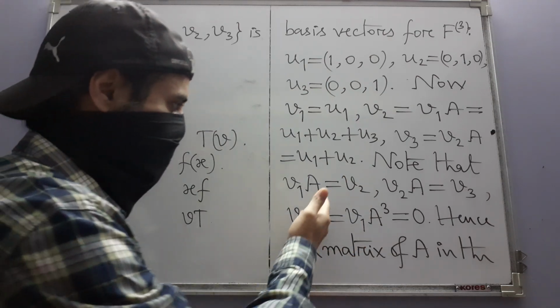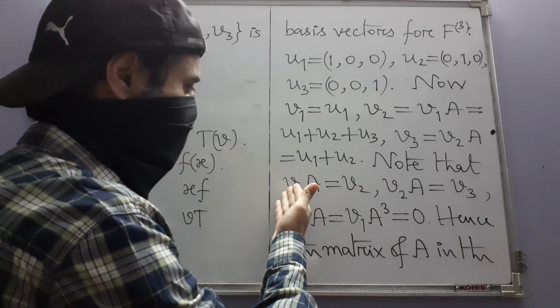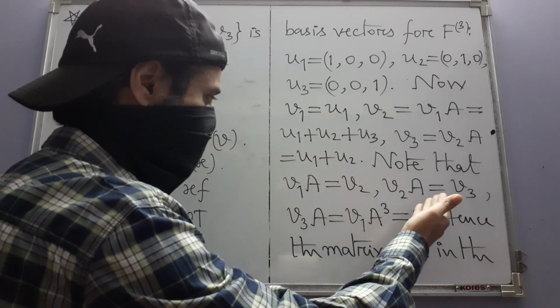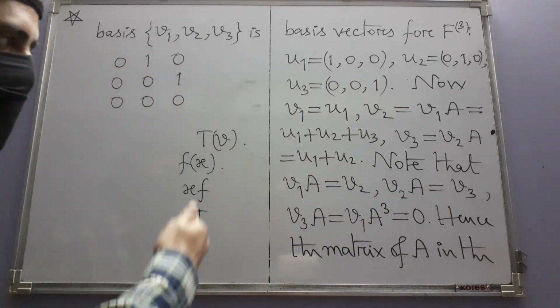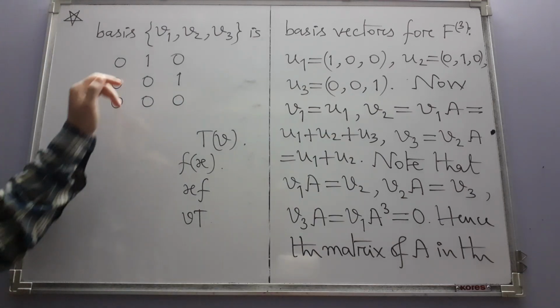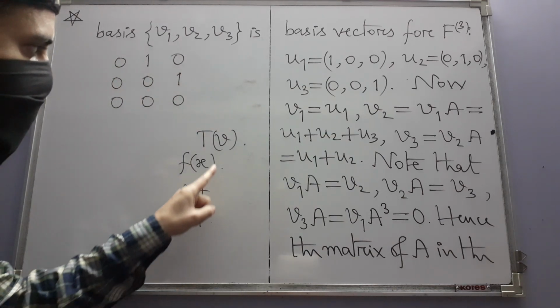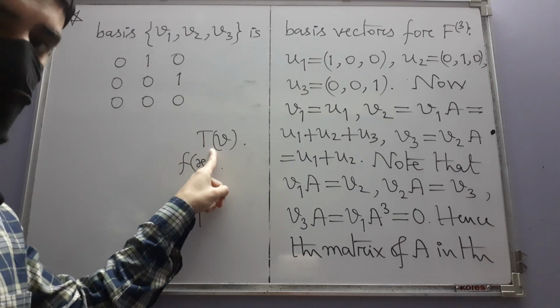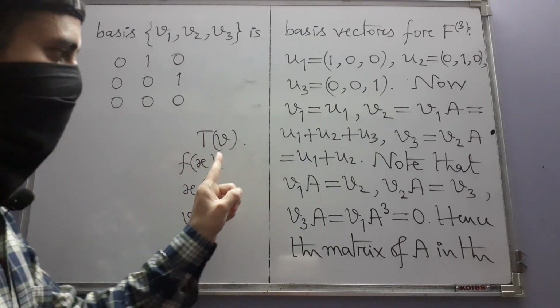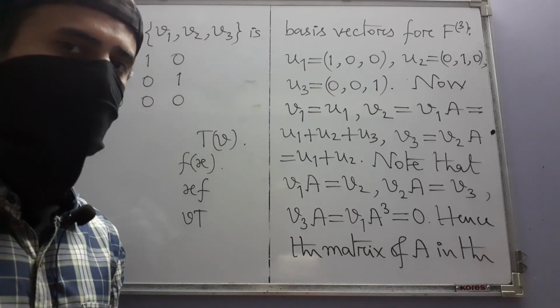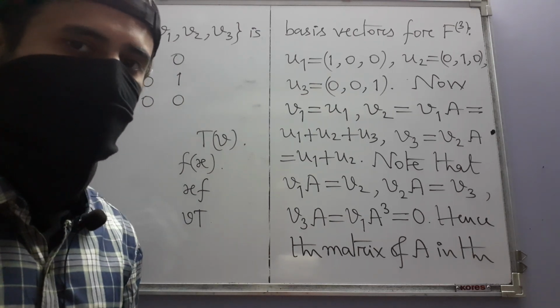So for example, here we have 0 V1 plus 1 V2 plus 0 V3. So 0, 1 and 0 give us the first row. However, had we followed the usual notation, those scalars would have become the first column. Why this disparity?